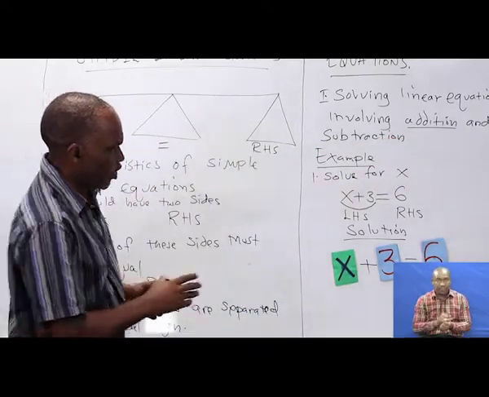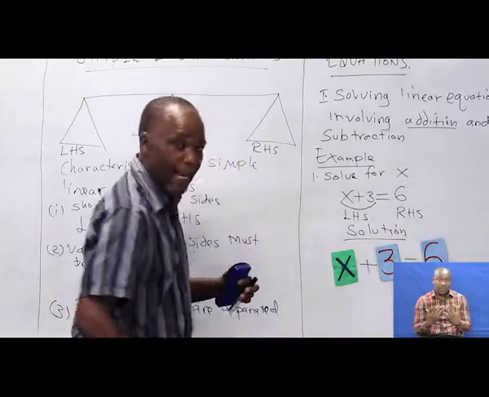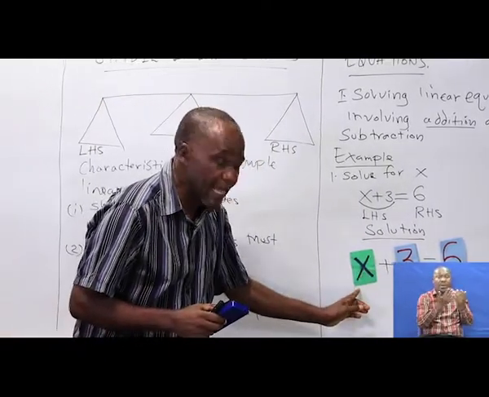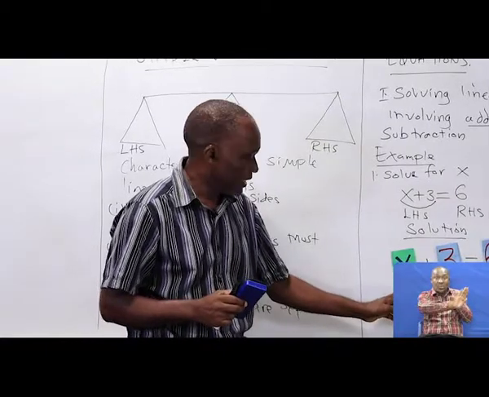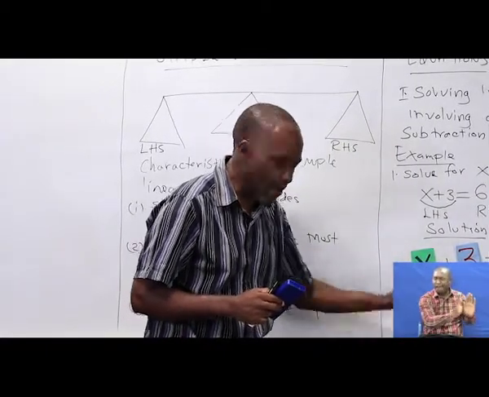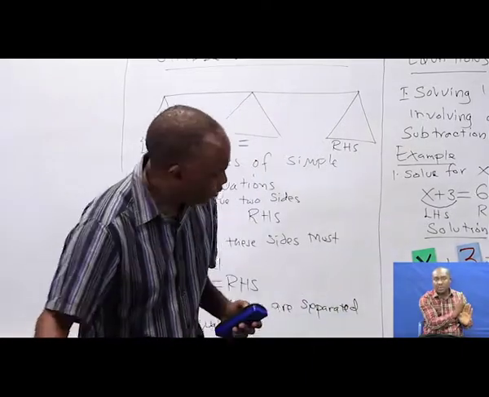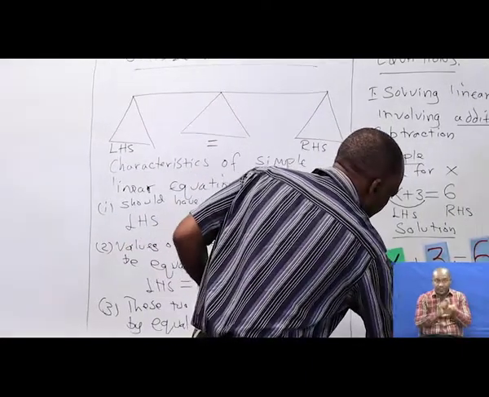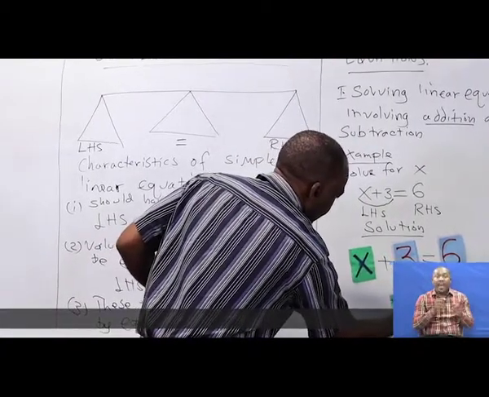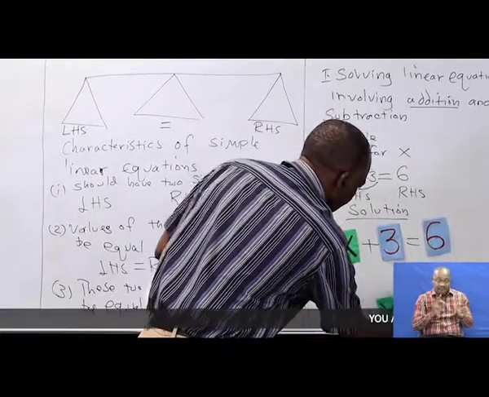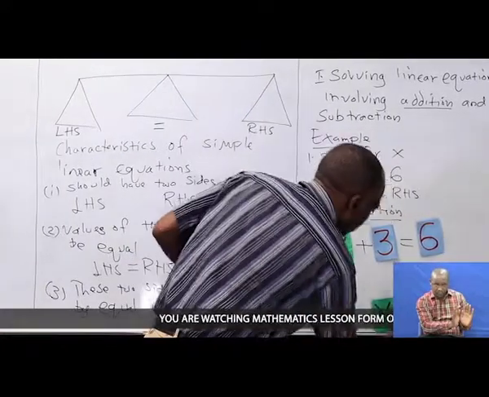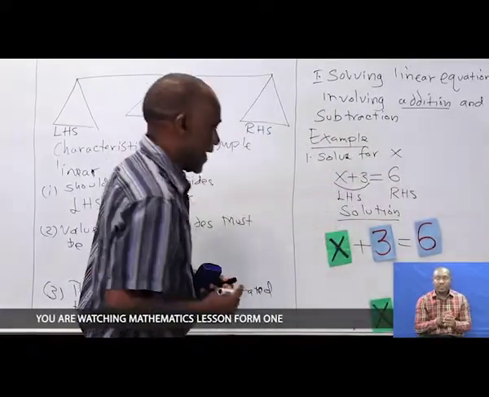So in order for this equation to balance, we need to isolate x. It means variable x must be alone.